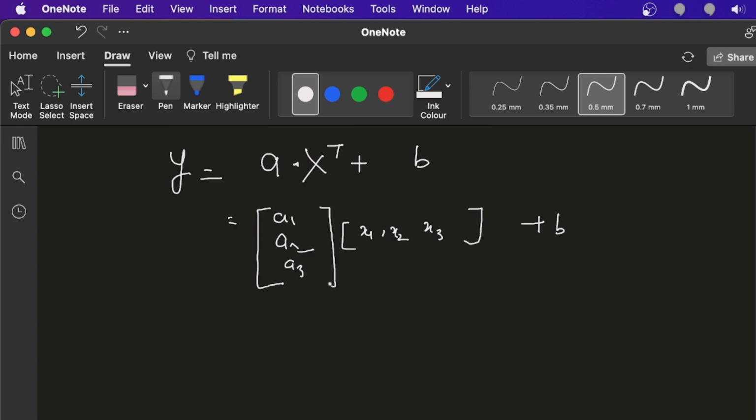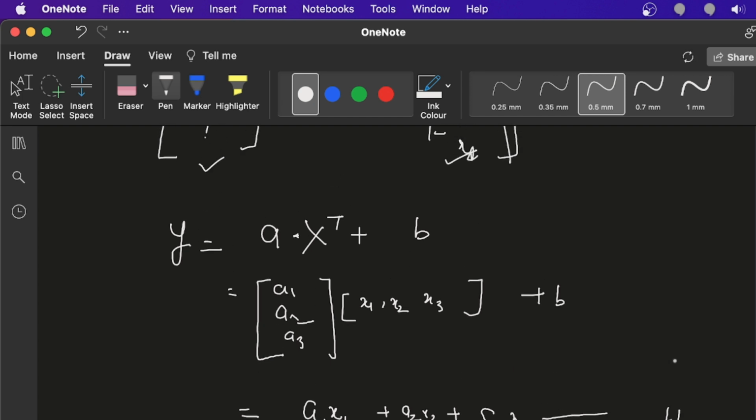When you multiply these vectors, you get a1 x1 plus a2 x2 plus a3 x3 and so on. Are you able to understand this, guys?